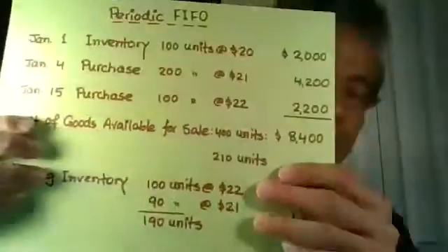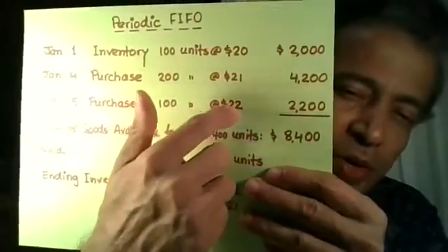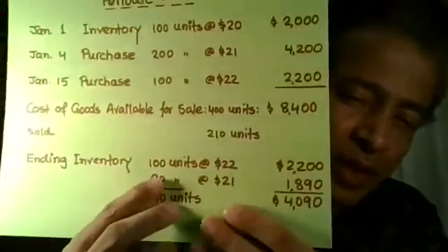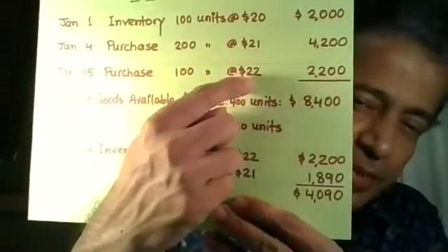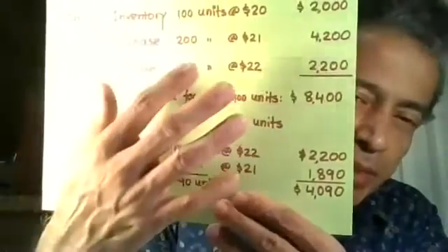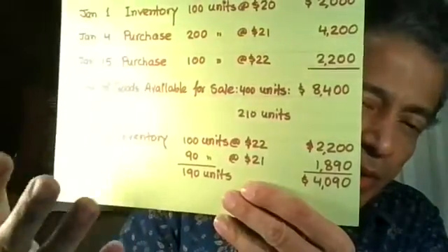So that 190 had to be under FIFO. That 190 had to be from where? All 100 at 22, and the 90 from the middle tranche. That's what happened here. Closing inventory 100 at 22. I don't need to go through the whole month. I'll just take a look at my purchases and the dates and prices, and you just tell me how many units you have.